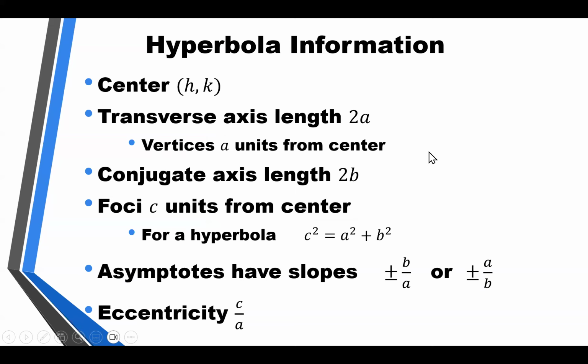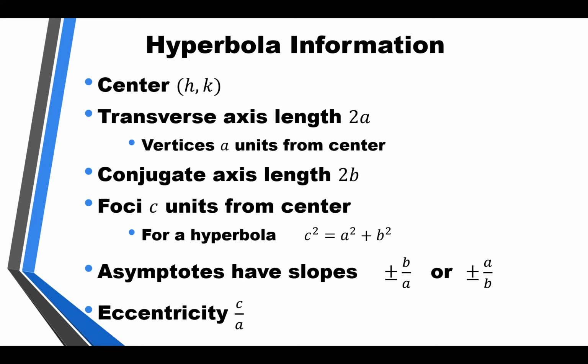Now, here's the information that we're going to be looking at in the case of a hyperbola. First of all, the center of the hyperbola is going to be the point (h, k). That is not actually on the hyperbola. We are going to have a transverse axis and a conjugate axis.